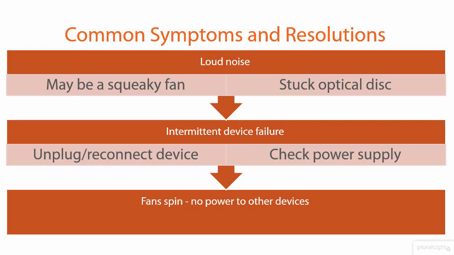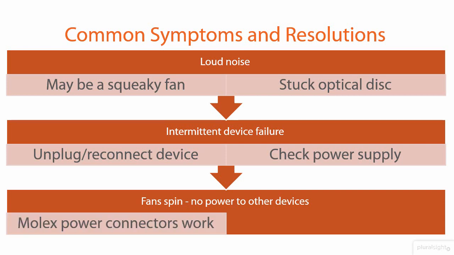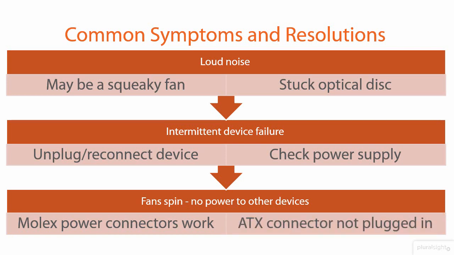Speaking of power and voltage, this is an interesting case. The fans spin, but none of the other devices in the case are getting power, so you're not able to boot up. You press the power button, you hear the fans click on, but the computer just sits there. It's not doing anything. Well, what's that? That means that you've got power to some devices, in particular the fans, but you don't have power to the motherboard itself.